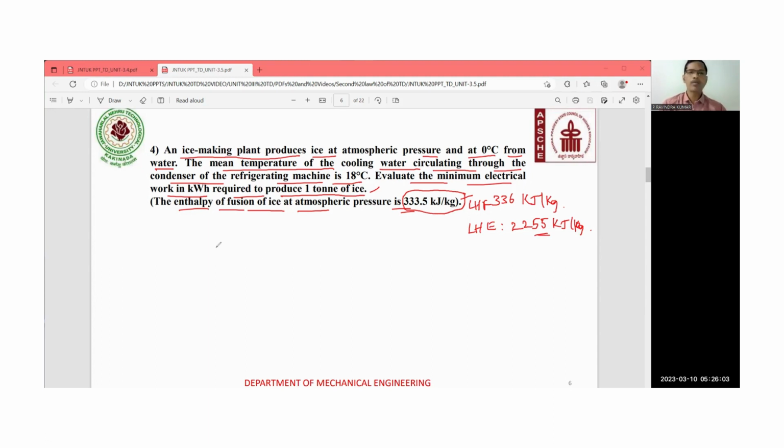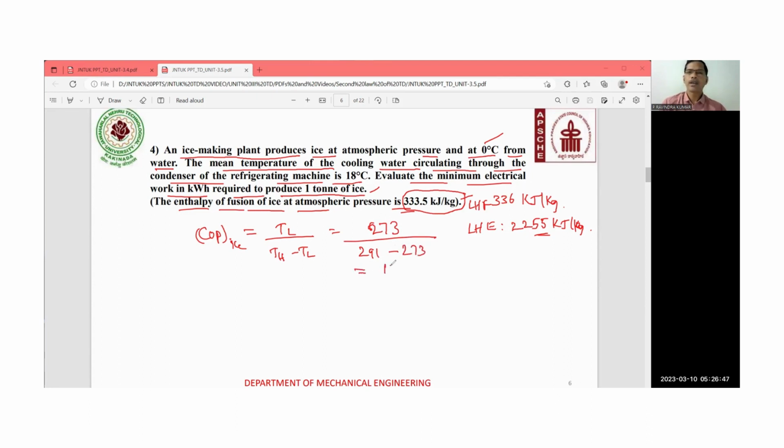So now coming to this particular problem, the COP. In this case the essential parameter is COP, because the ice making plant is mentioned. So the COP, that means the lower temperature. Always the COP of an ice making plant is the low temperature divided by the high temperature minus low temperature. So 0 degree centigrade means 273 Kelvin divided by 18 plus 273, that is 291, minus 273.